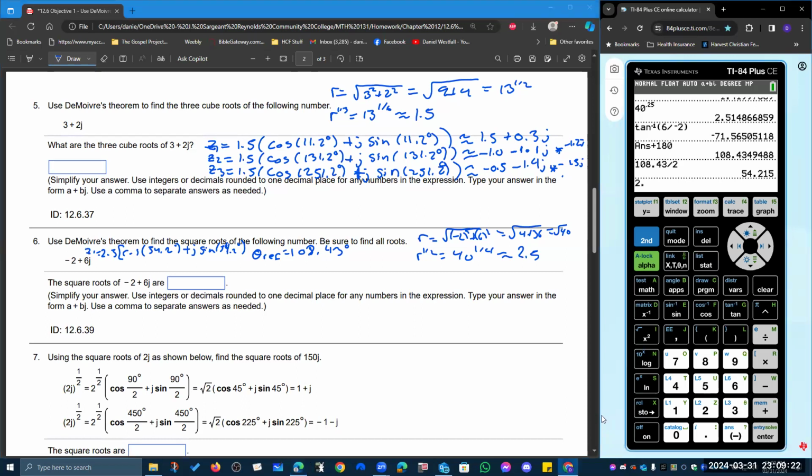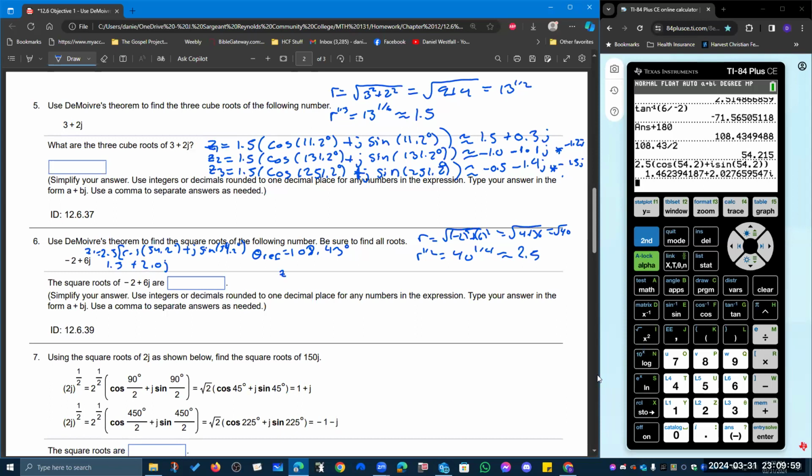Actually, let's figure it out right now. 2.5 times cosine of 54.2 plus j sine of 54.2. And we get, this one is 1.5 plus 2.0j.